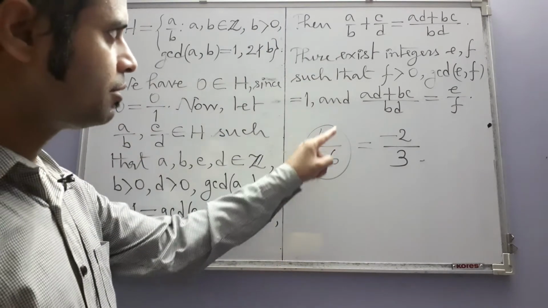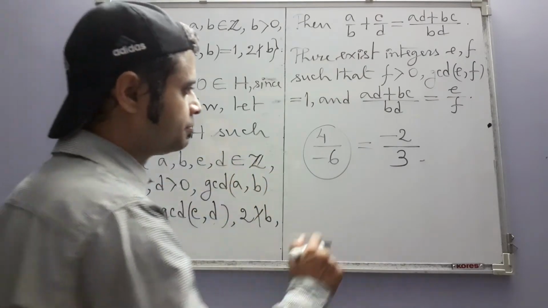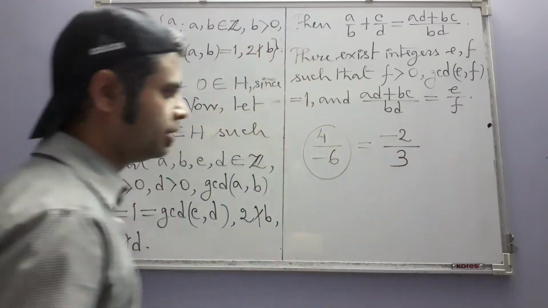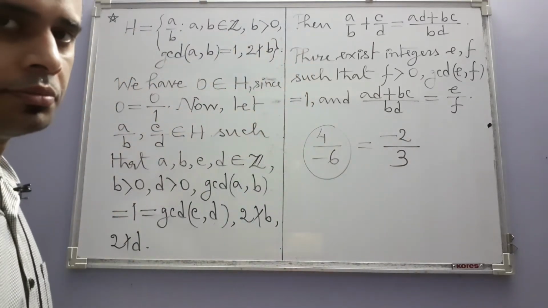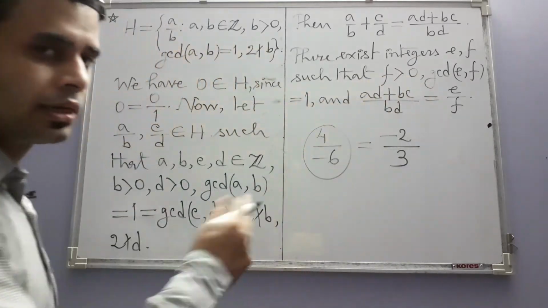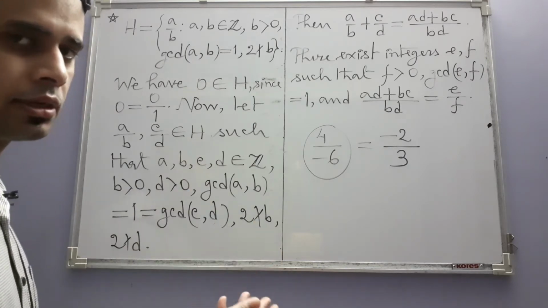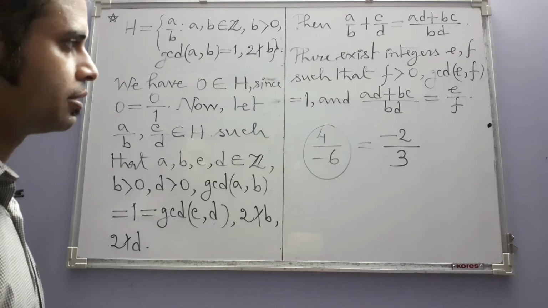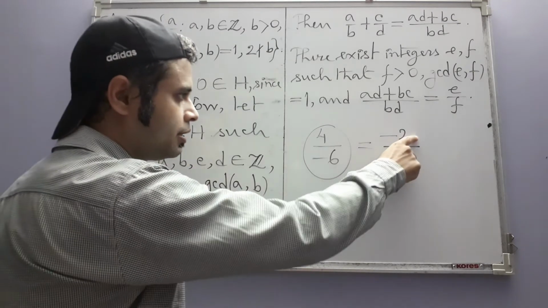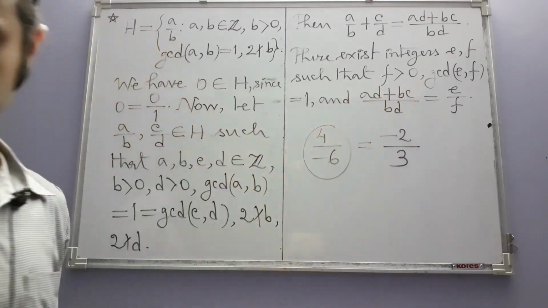Think of 4 divided by minus 6 in place of AD plus BC divided by BD, and this is E minus 2 and F is 3. This you will always find. If you have a negative denominator, just transfer the minus sign to the numerator, and you can always cancel common factors, so ultimately you will get numerator and denominator which are relatively prime.